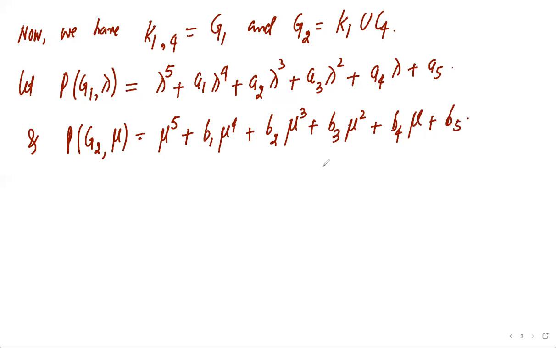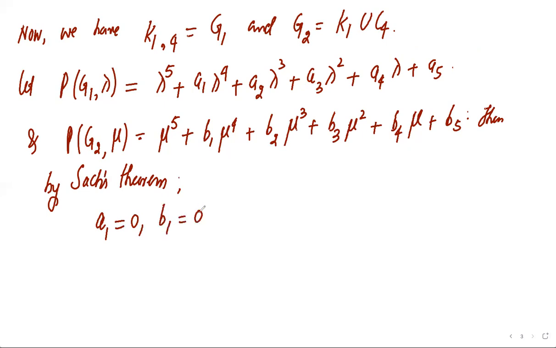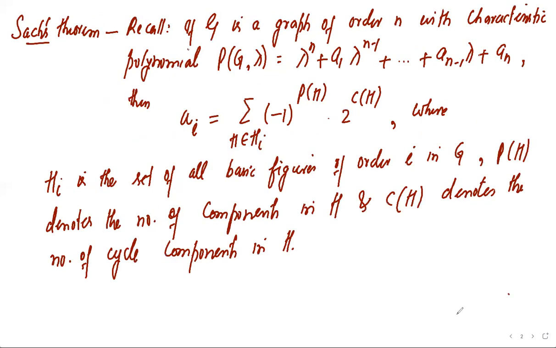Suppose these are the characteristic polynomials of the two graphs G1 and G2. Then by Sachs theorem, a1 is equal to 0, and in fact b1 is also equal to 0, because the formula for ai is like this.